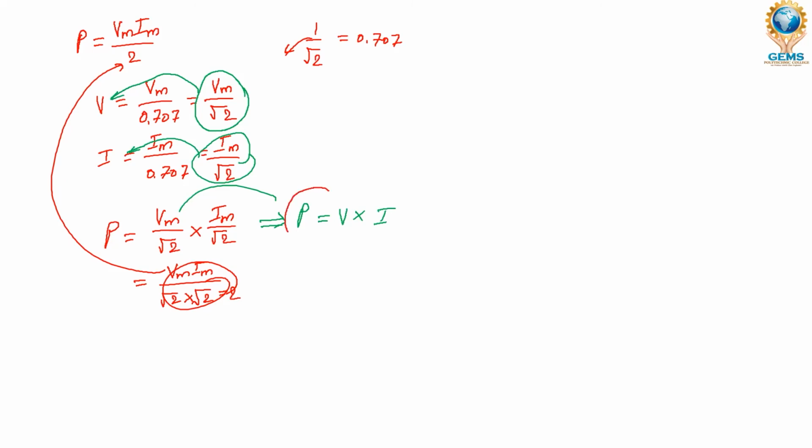In a resistor, power equals voltage into current. This is the final power formula. What are the units of power? Watts. So in a resistor, the power is not 0.